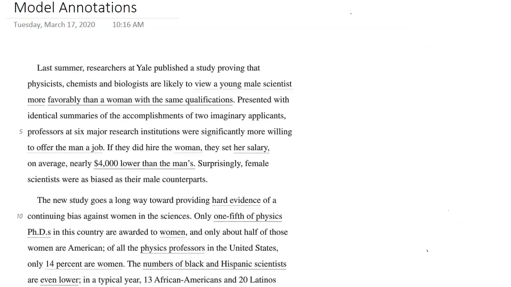Today I'm going to model annotating an SAT passage with a specific focus, and as I said earlier, our focus for today is author's purpose and author's technique. Before we even start the passage, there are always 2 things that I like to remind students of before beginning an SAT passage. The first thing is we always want to make sure we read the italicized intro text.